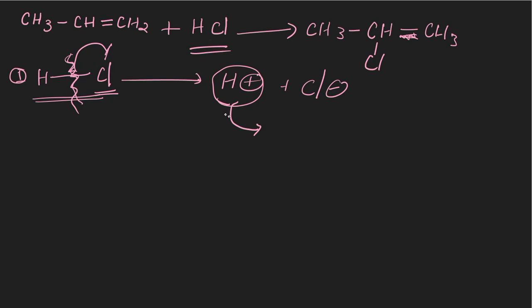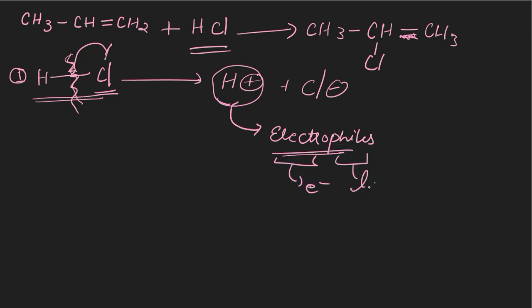Those species which love electrons, we call them electrophiles. So this hydrogen atom here is going to act as an electrophile, because electro means electron and phile means loving. So this is an electron loving species. It's demanding electrons because it has just lost its electrons.